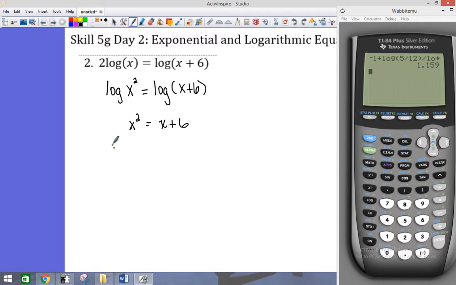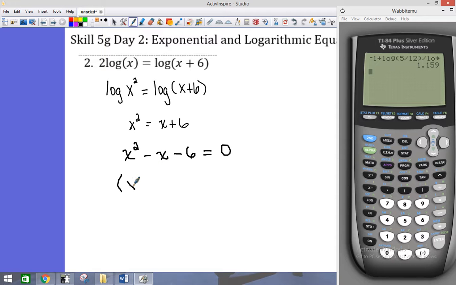Let's get this in standard form. In standard form for a quadratic equation, ax squared plus bx plus c equals 0. So from here, we can try to determine if this trinomial can be factored. If it can, it's generally the easiest way to solve this. If it cannot, we can complete the square or use the quadratic formula.